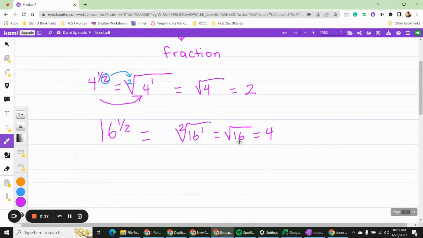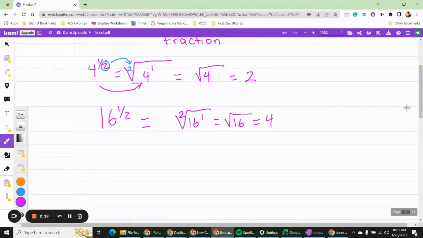So what about if we start the other way around? We can start with a radical instead of a fraction for my exponent. So for example, I might have something like the 6th root of z to the 5th power.